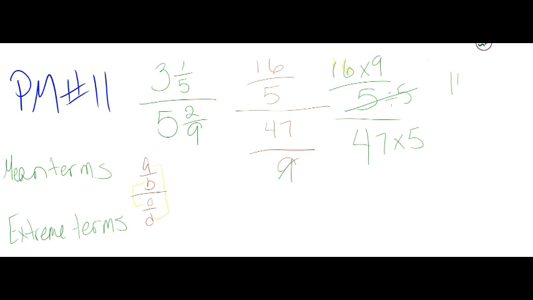So now we have 16 times 9/47 times 5, and you can work out that multiplication yourself. But as you can see, we're just multiplying these terms and multiplying these terms. Our extreme terms are the outside terms, on the extreme ends of our fraction, and our mean terms are in the middle, so that should help you remember that.